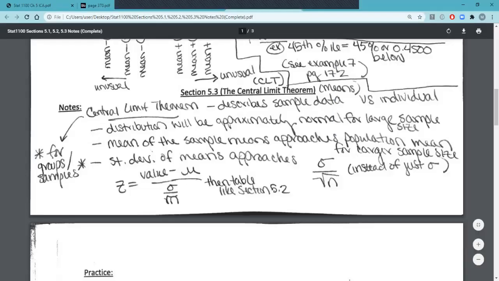In this last video, we're going to talk about section 5.3, which addresses something very important in statistics called the central limit theorem. You'll hear me abbreviate it to CLT.